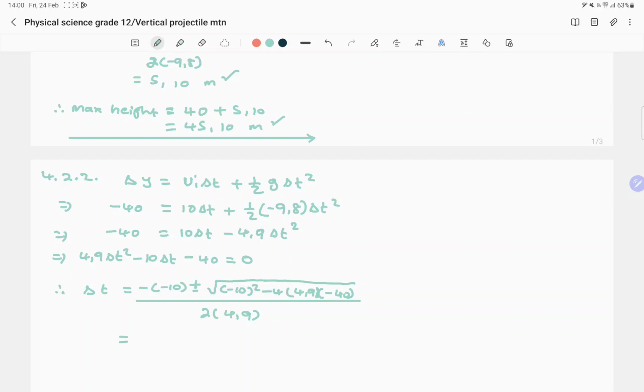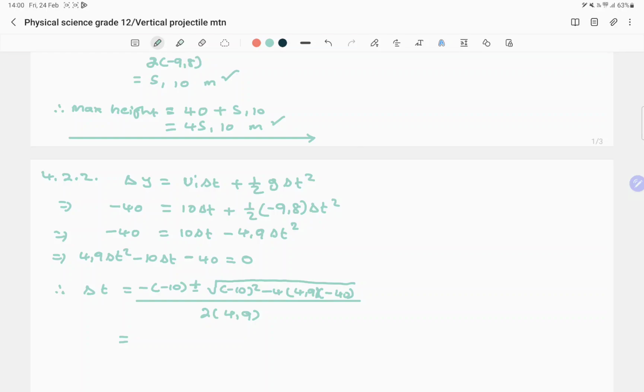Now let's see what do we get. All right, so minus into minus 10 plus, let's choose the first one as the positive, so we've got minus 10 squared minus 4 into 4,9 into minus 40 divide by 2 into 4,9.